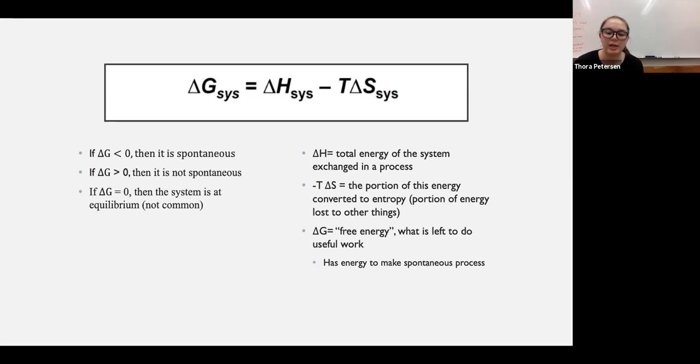Delta H is whether it's endothermic or exothermic, and it's the total energy of the system exchanged in a process. T is obviously the temperature, and delta S is the disorder within the system, and together it's the portion of this energy converted to entropy, the portion of energy lost to do other things.